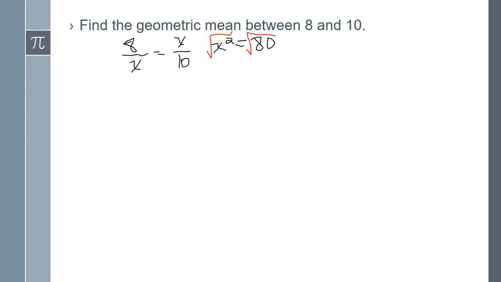And so we're going to end up with x is equal to the square root of 80, which can be simplified. The largest perfect square that goes into 80 is 16, so x is equal to square root of 16 times the square root of 5, and so your final answer should be 4 square root of 5.